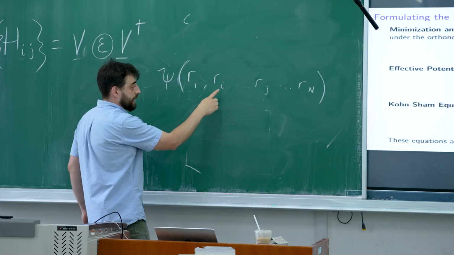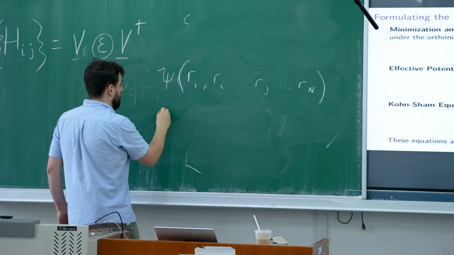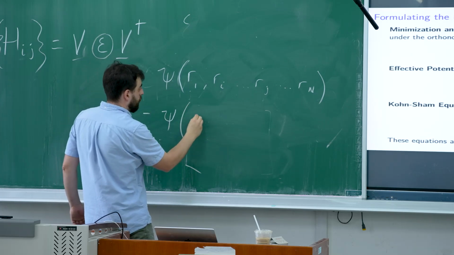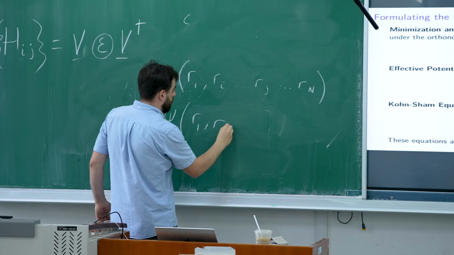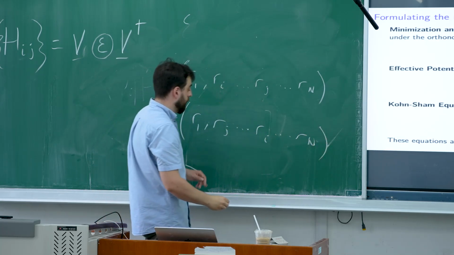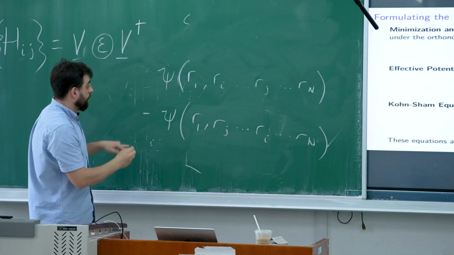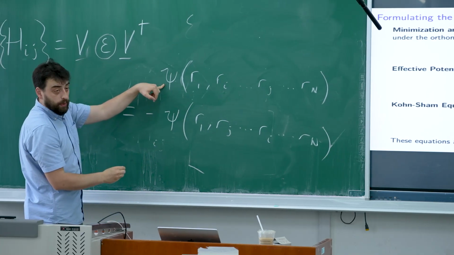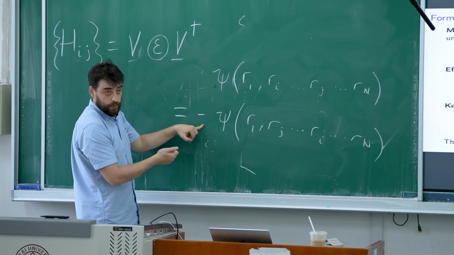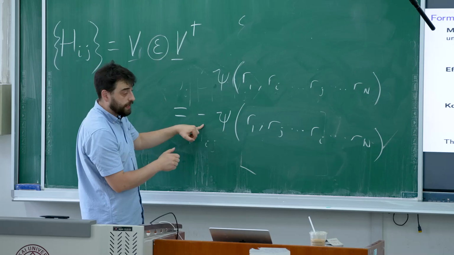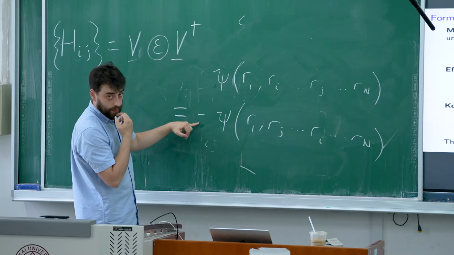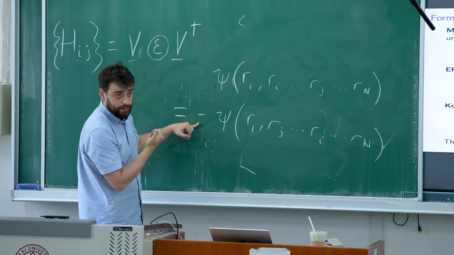If we were to exchange the indices i and j, if we were to swap i and j, our many-body wave function gains a negative sign. So if we switch the index of particles, what we get is a negative sign. Our wave function is anti-symmetric.